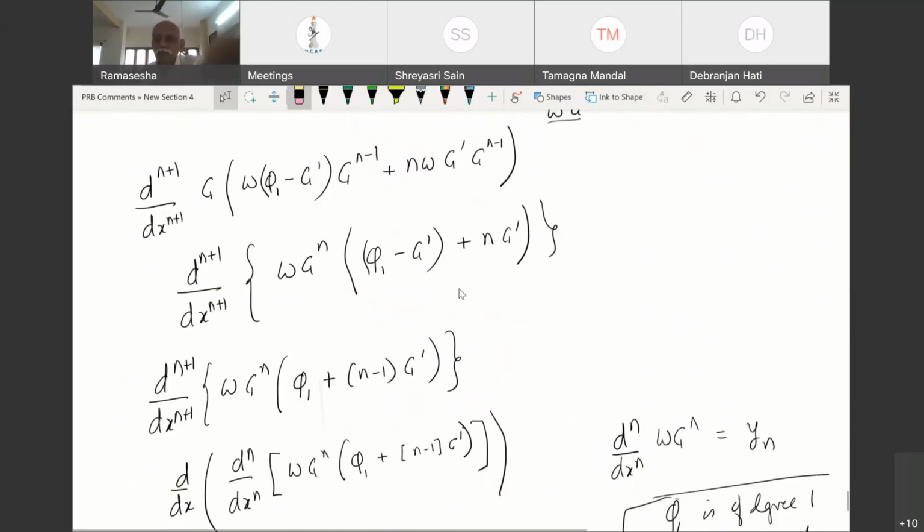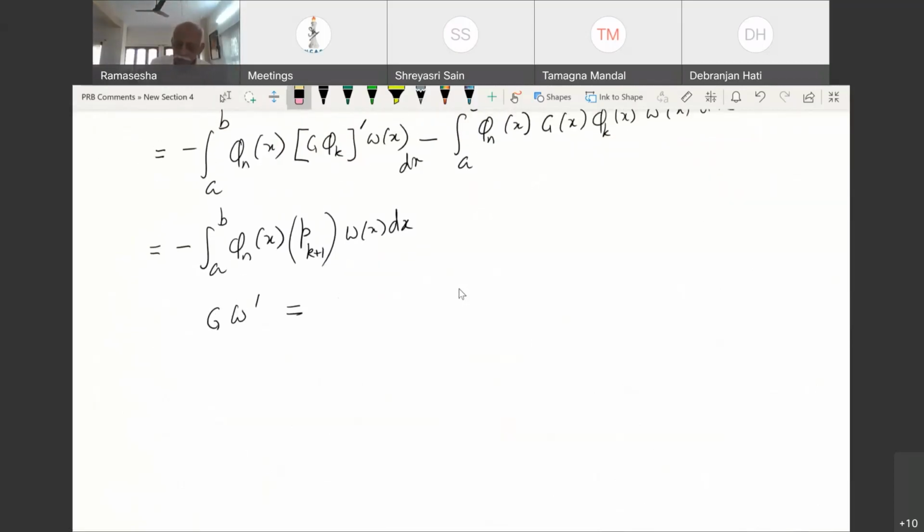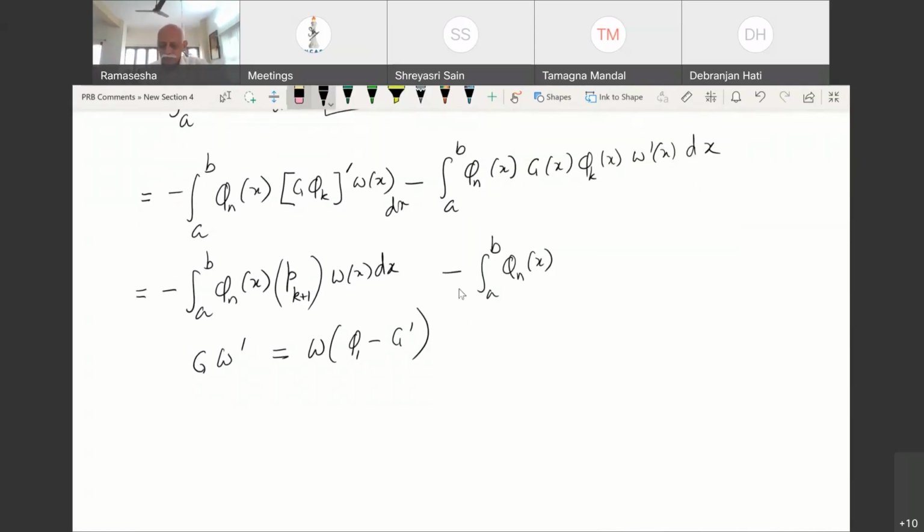You remember that expression. So I can put this as minus integral p n of x, w prime g, I can write it as p1 minus g prime times p k x dx.